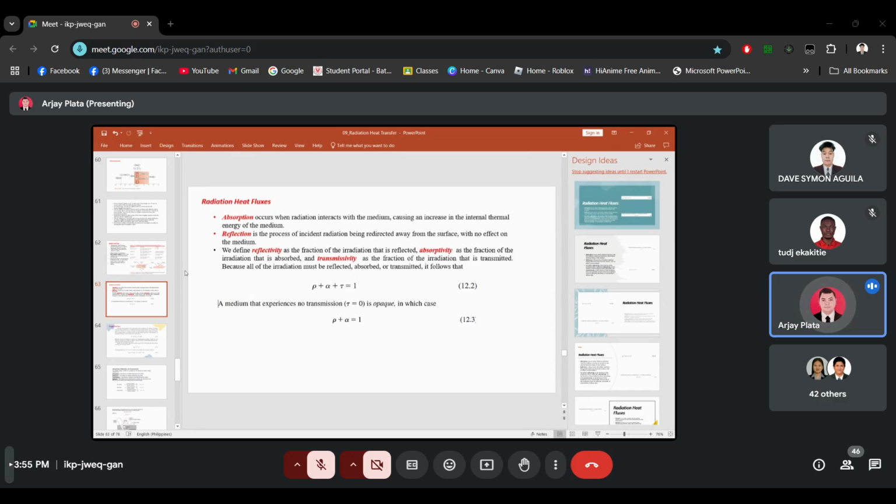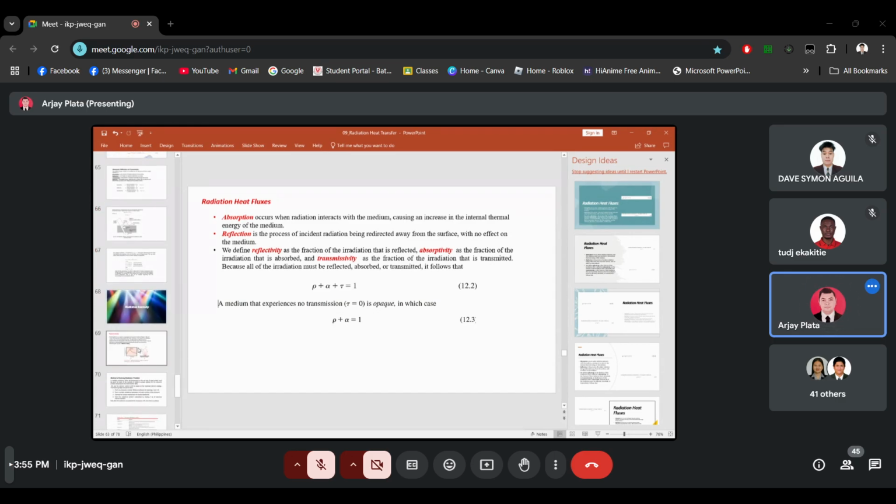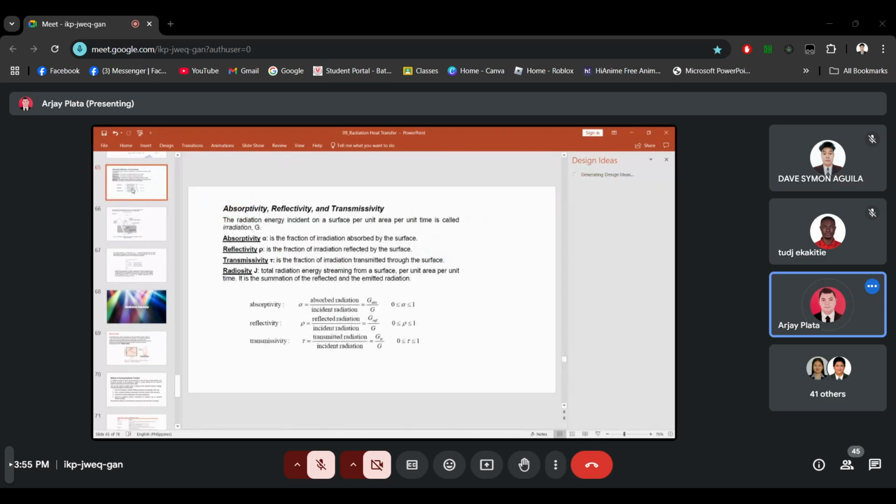Next we define reflectivity as the fraction of the irradiation that is reflected, while absorptivity is the fraction of the irradiation that is absorbed, and transmissivity is the fraction of irradiation that is transmitted. So because all the irradiation must be reflected, absorbed, or transmitted, it follows that rho plus alpha plus tau equals 1. So a medium that exhibits no transmission is opaque, in which case rho plus alpha equals 1.